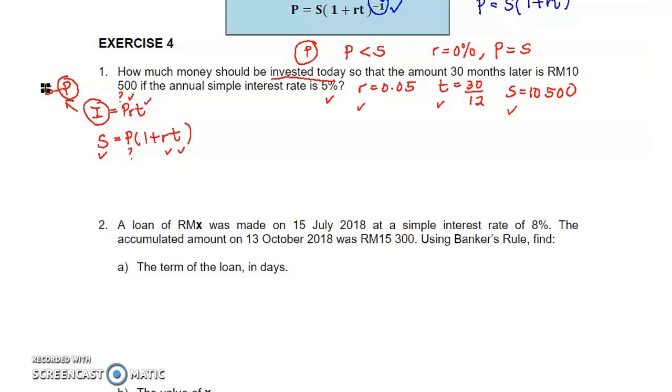Try using this formula. S equals P(1 plus RT). If you manipulate this formula, P equals S multiplied by (1 plus RT) to the power of negative 1, or you can also write it as S divided by (1 plus RT).